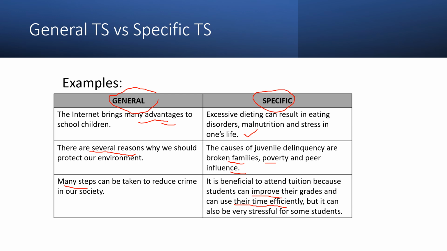It means that it can also be very stressful for some students. So here, the difference is that the author wants you to see there are two benefits of attending tuition, and he or she states the one and only disadvantage of attending tuition, which is that it is very stressful for some students.